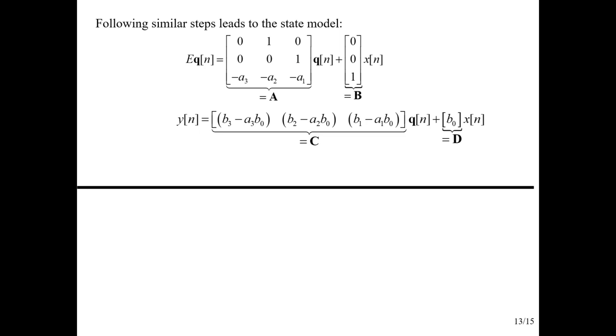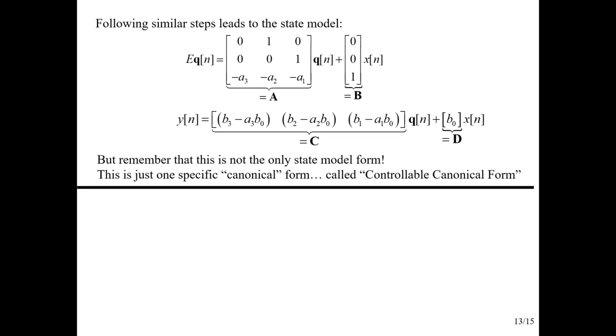Now, be aware, the way I laid out those coefficients, the way I numbered them, is different for the discrete time versus the continuous time. So just be careful. But it's a very similar kind of thing. We get the same kind of structure here. And again, this is the controllable canonical form.